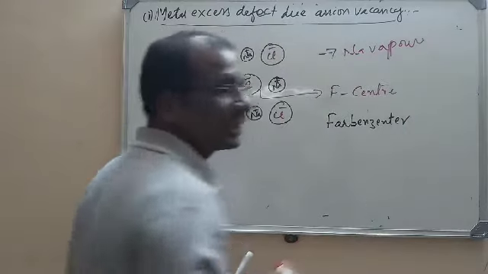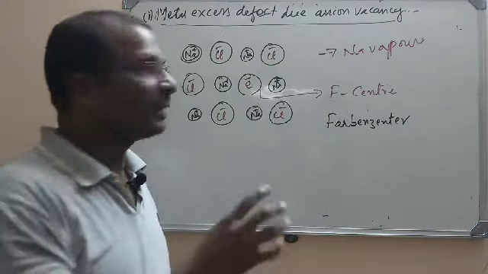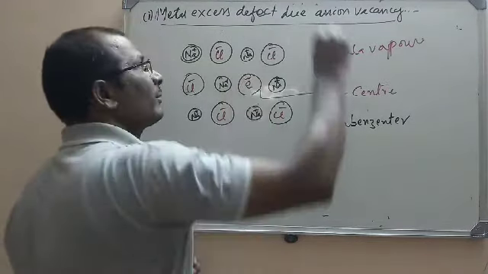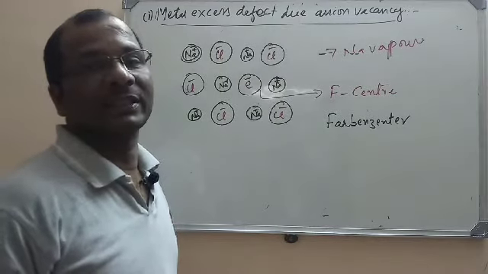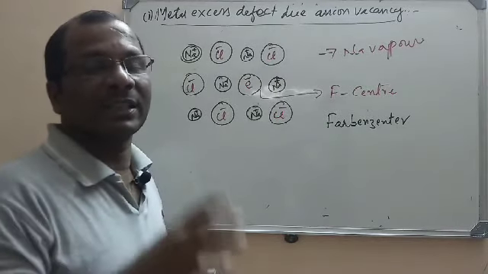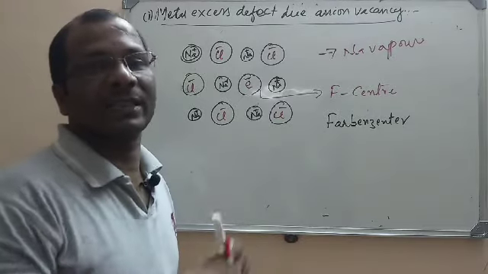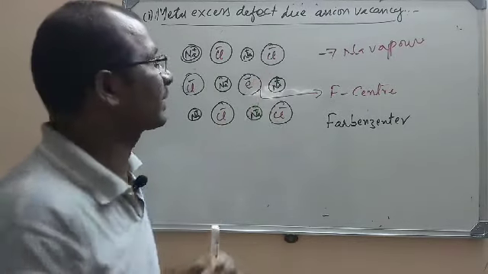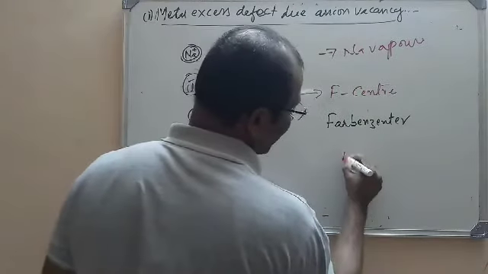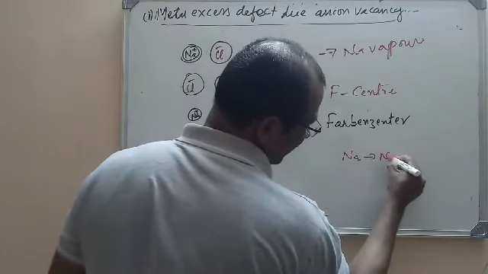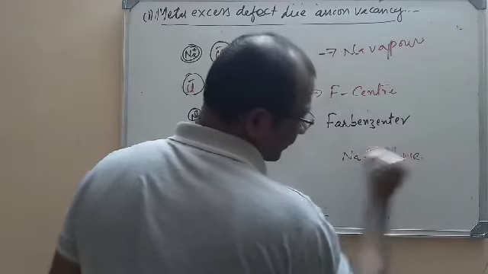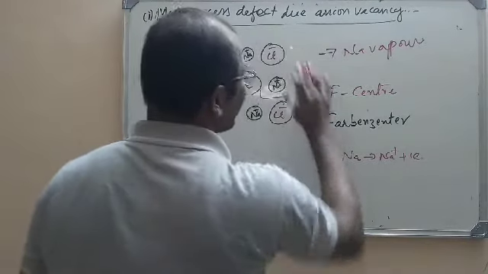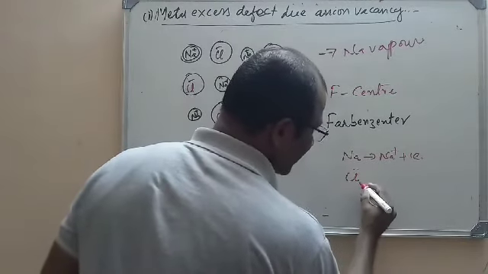When you expose NaCl crystal to Na vapors, what will happen? This Cl minus present here will go to the surface. At the surface, there are Na atoms from the vapor. That Na atom will lose an electron and become Na plus. And from the crystal, Cl minus is there.